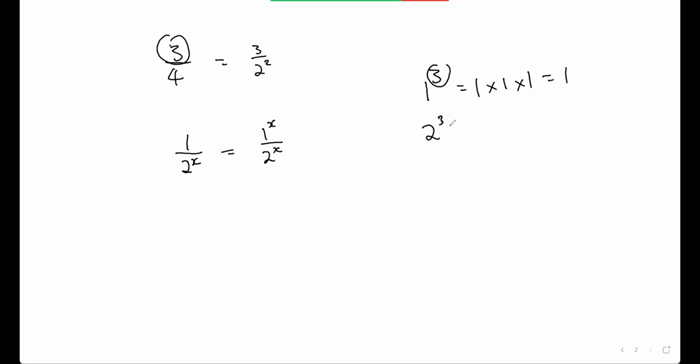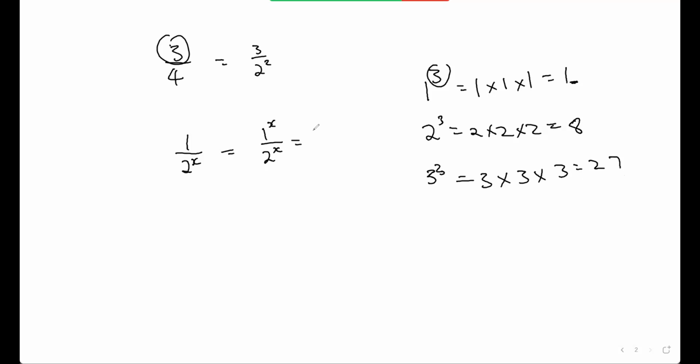But when you have 2 exponent 3, it's 2 times 2 times 2, which is equal to 8. Do you see? It changes. It's not the same as 3 exponent 3, which is 3 times 3 times 3, which is 27. It's another value, but for 1, it stays the same.